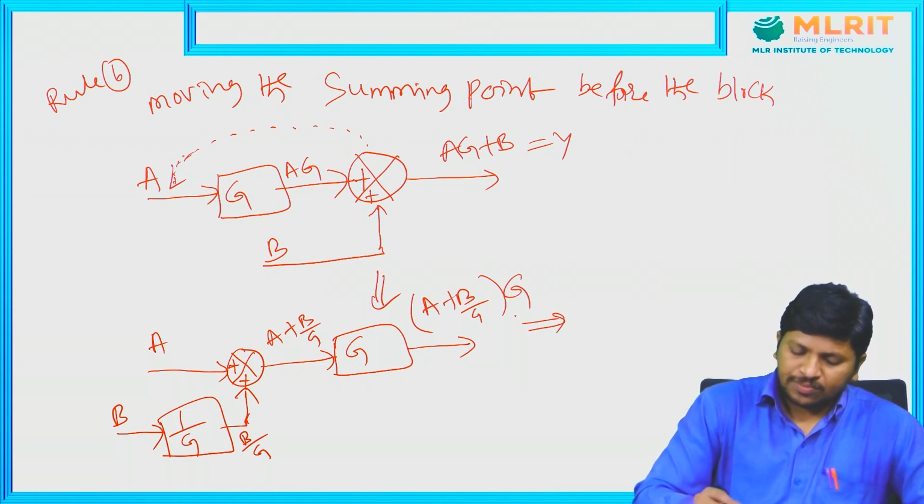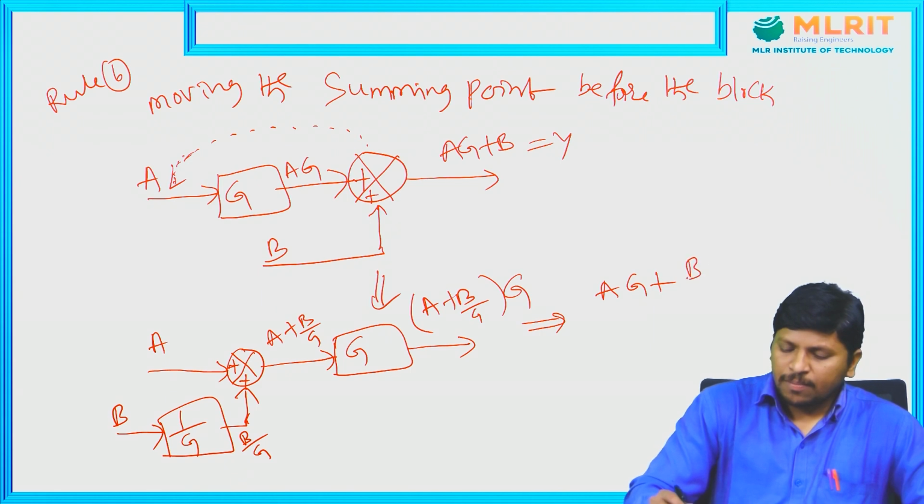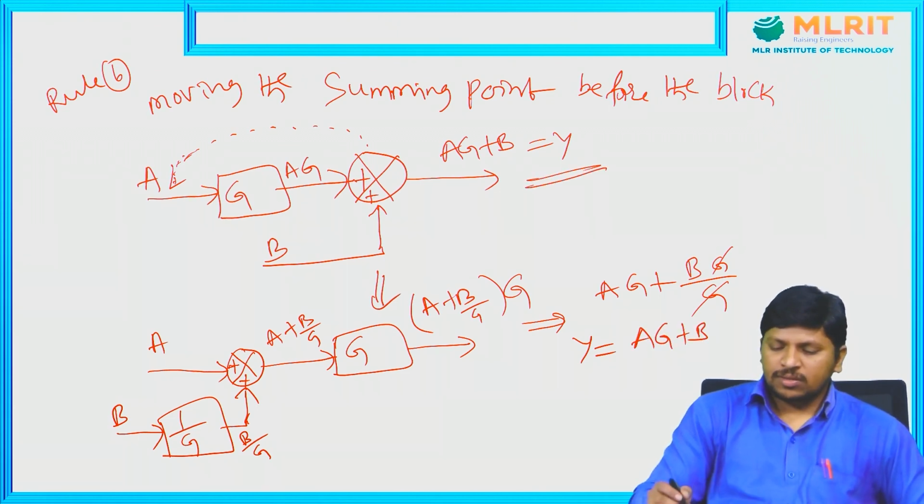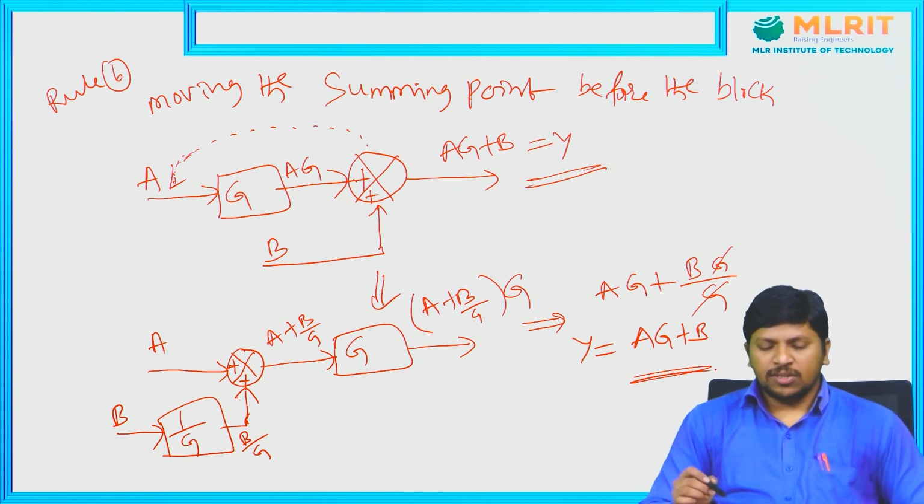That is AG plus BG divided by G. The G's both get cancelled. So what is the output here? AG plus B. Same output, right? So this rule is also applicable for block diagram algebra or block diagram reduction.